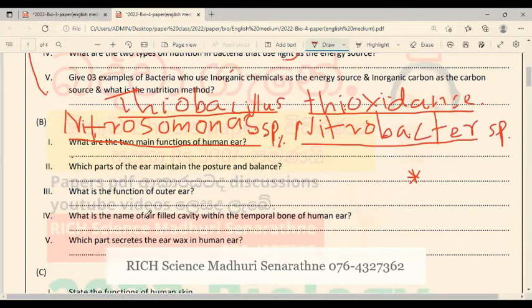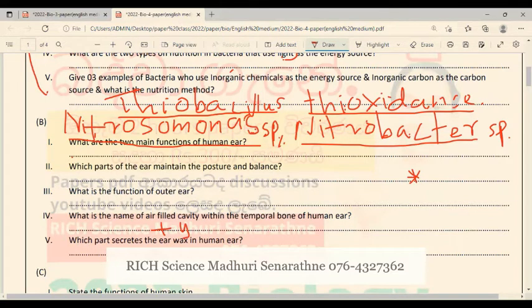What is the name of the air-filled cavity within the temporal bone of the human ear? The bone name is temporal bone. So the air-filled cavity is known as the tympanic cavity.